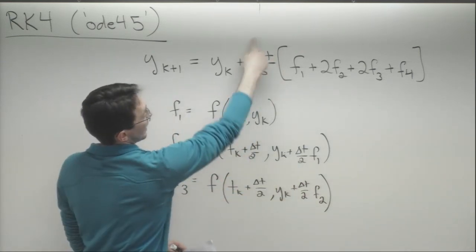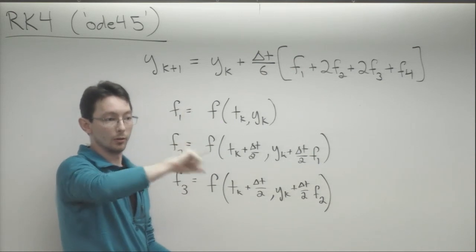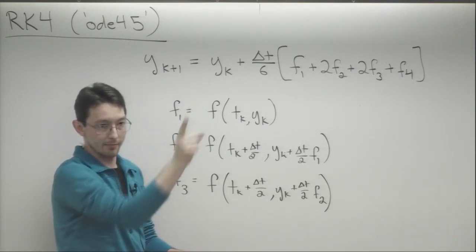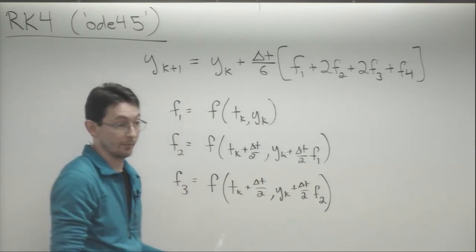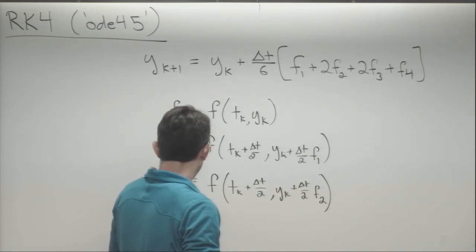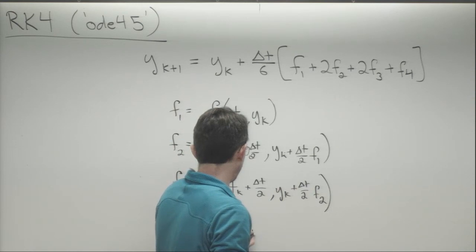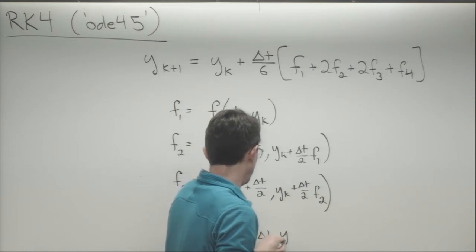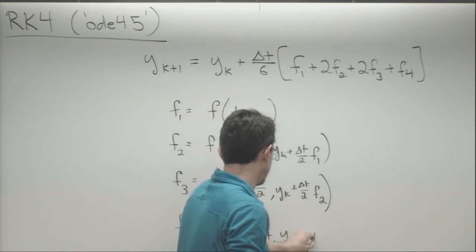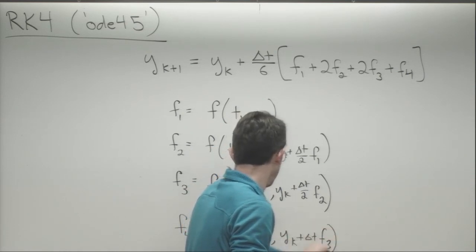And then we're going to take some kind of an average of all of those local nearby velocity fields, and we're going to see the best direction to take a full step in. And finally, f4 is a full Euler step, tk plus delta t, yk plus delta t f3.